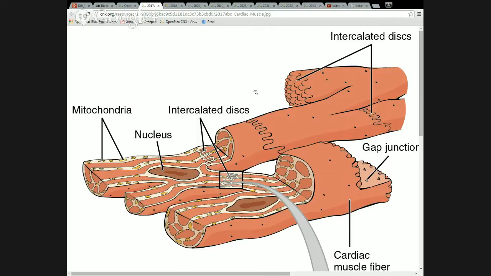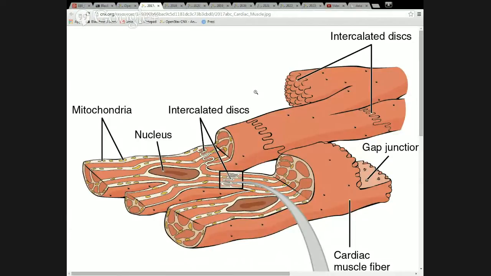Cardiac muscle tissue is striated also, but the myofibrils aren't quite as significant a portion of the cell, so they don't usually stain quite as dramatically as we'd see in skeletal muscle. But the two types of muscle tissue work on the same principle, which is what you learned last semester about sliding filaments and myosin and actin and all that kind of stuff.